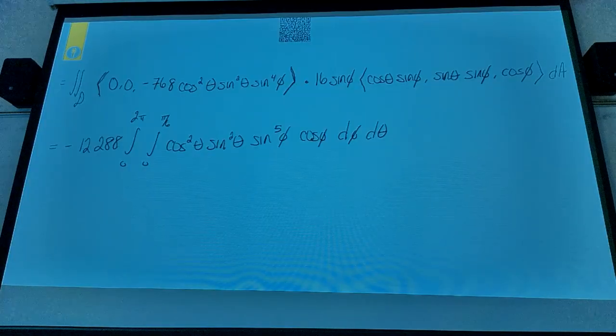Oh, good. With respect to phi, it's not too difficult. You're going to get 1/6 sine to the 6th phi, right? What is sine of pi over 6? 1/2, right? Now divide that by 6, 1/12.